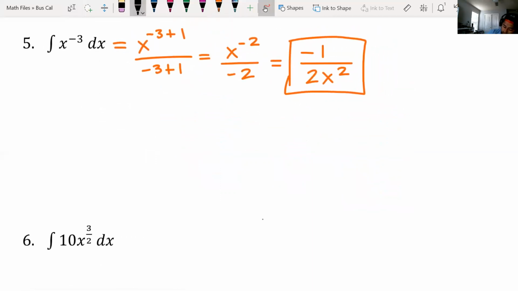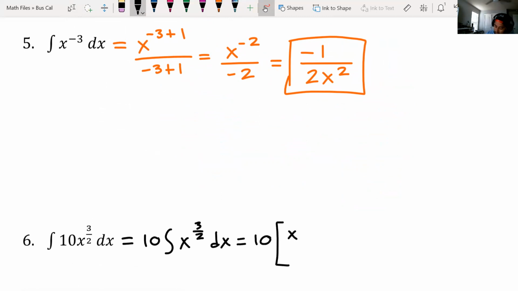Number 6. Do it again. Move that 10 outside. 10 times the integral of x to the 3/2 dx. And once again, guys, the most popular rule, power rule. 10 times x to the 3/2 plus 1 over 3/2 plus 1.